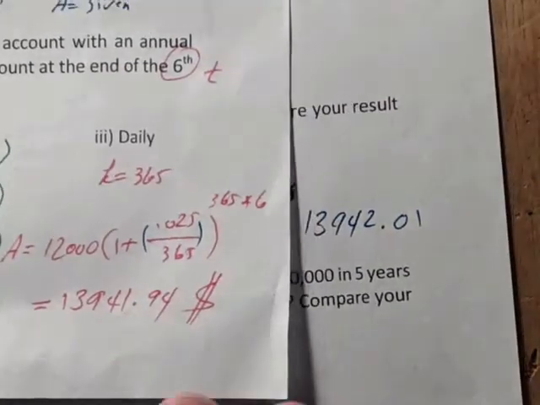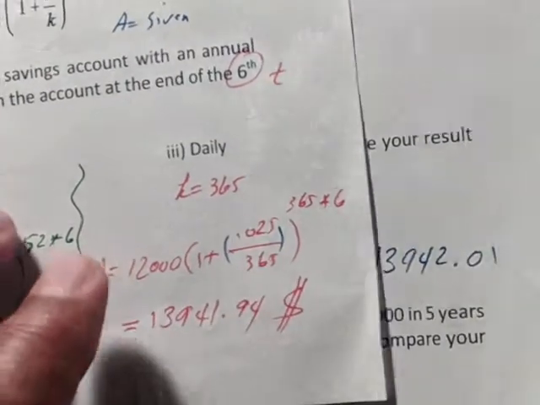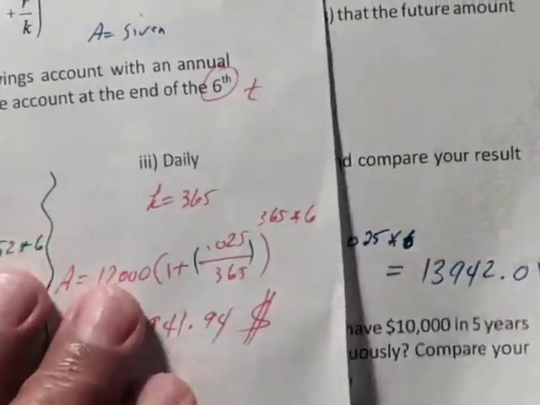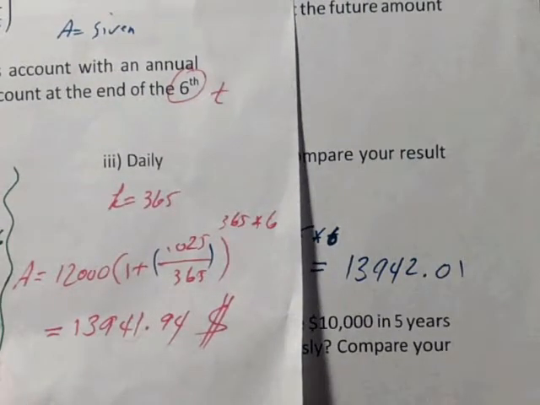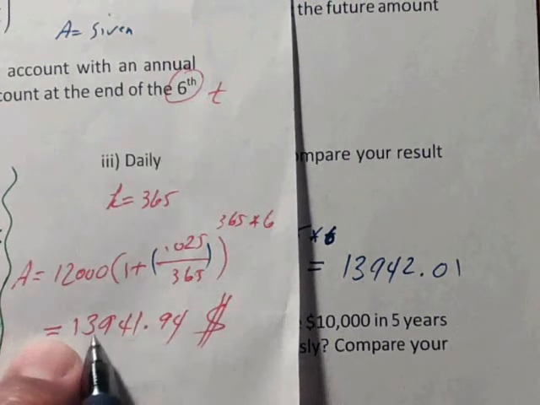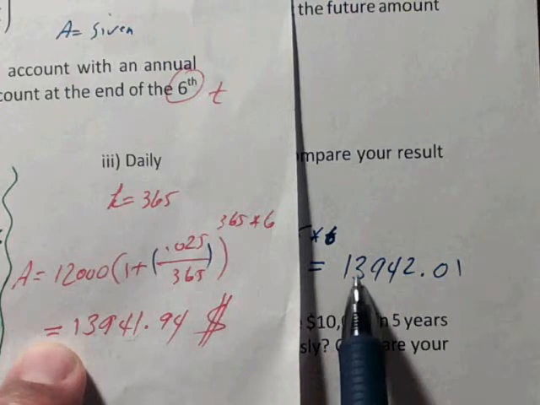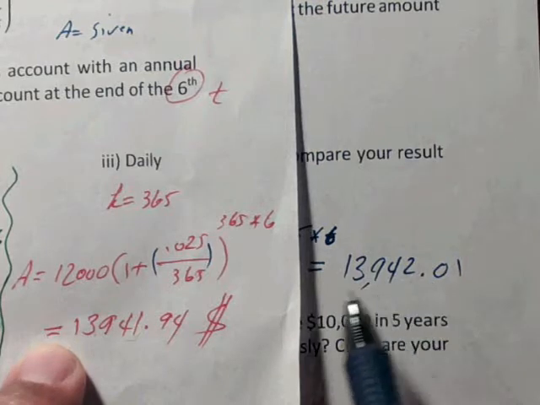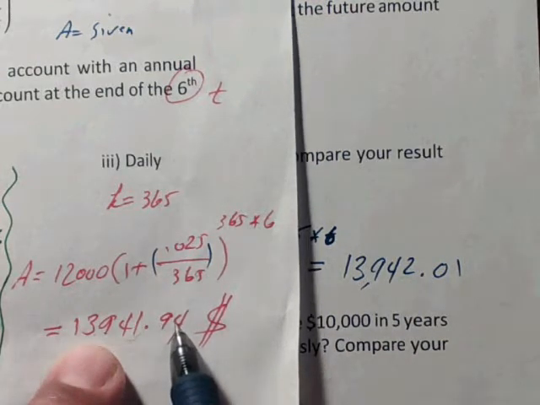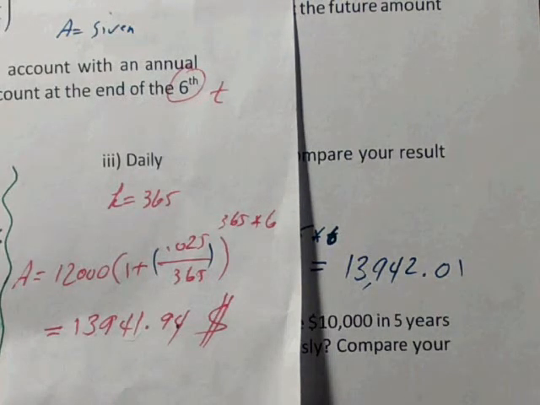See, daily, your balance is $13,941.94. If you do continuous compounding, it's $13,942.01. So it seems like about 7 cents more. 7 cents, you see? So it's more. By how much? Very little, but that's okay.